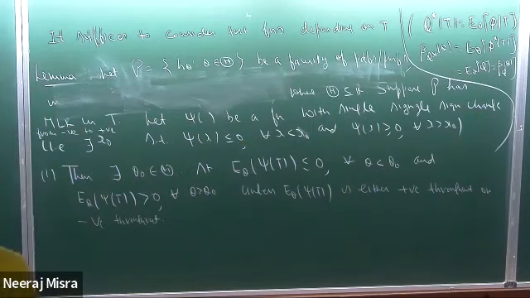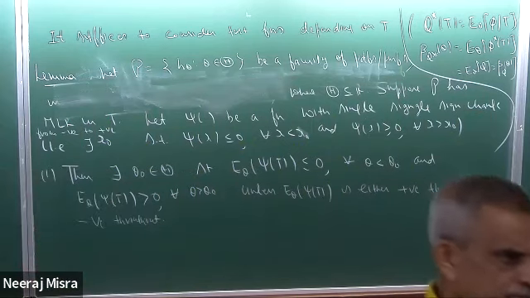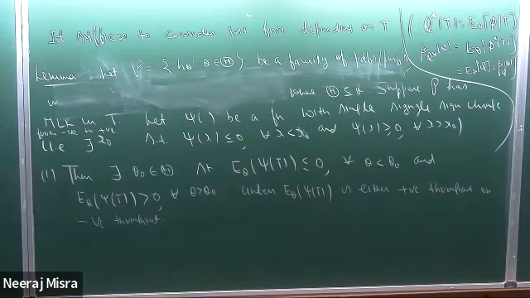So what it says is, if you have a family of PDFs which has MLR in T, and if psi is a function which changes sign once from negative to positive, then if I consider the expected value of psi(T), there are three possibilities. Either the expected value of psi(T) is always less than 0, or it is positive throughout.